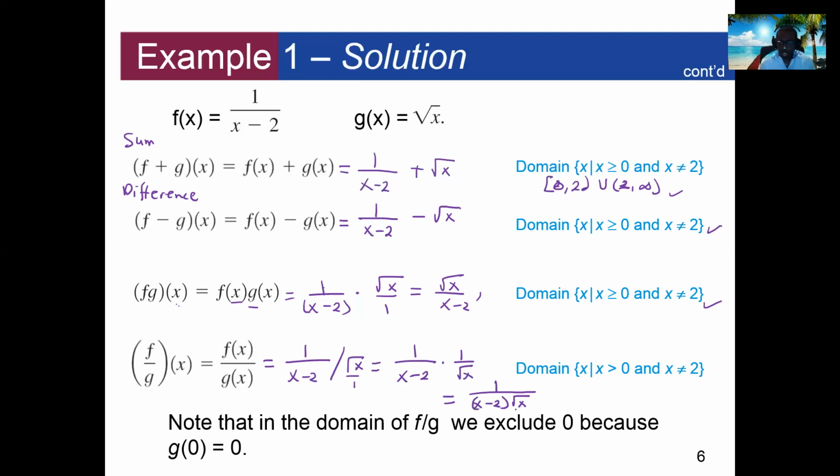This time, because the square root is in the denominator, x cannot equal 0, because if x is equal to 0, you're going to have 0 times negative 2, which is undefined. So here x is not greater than or equal to 0, but just greater than 0. So the domain in this case, in interval notation, will be parentheses from 0 to 2, union 2 to positive infinity. That is why we exclude the 0, because g of 0 is equal to 0, and we cannot divide by 0.